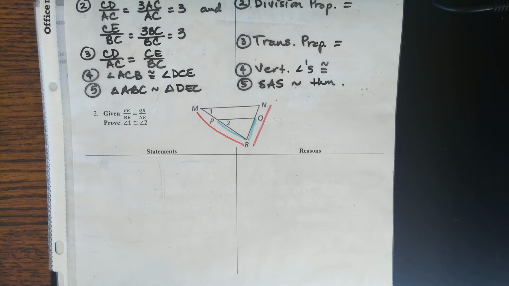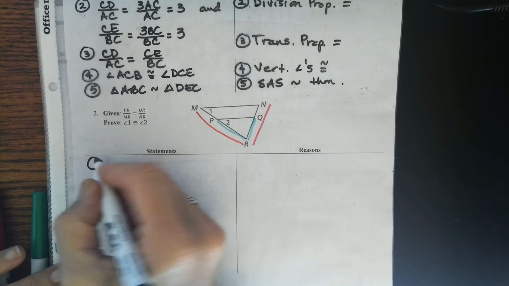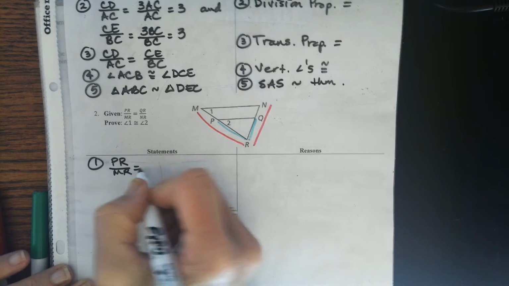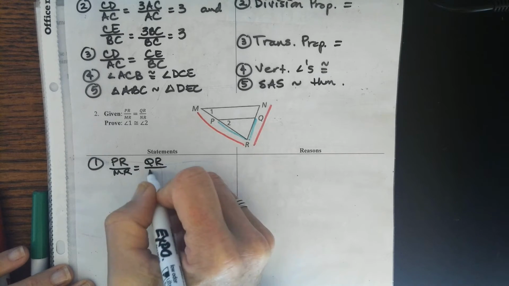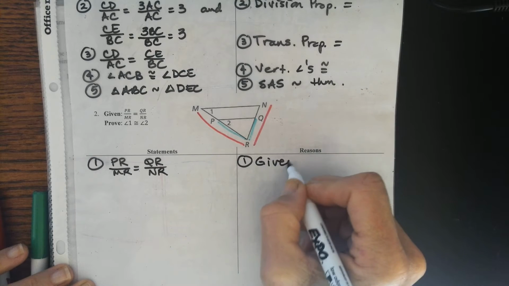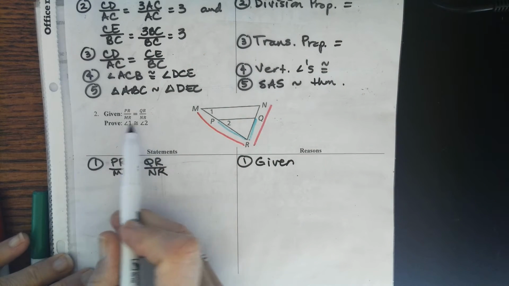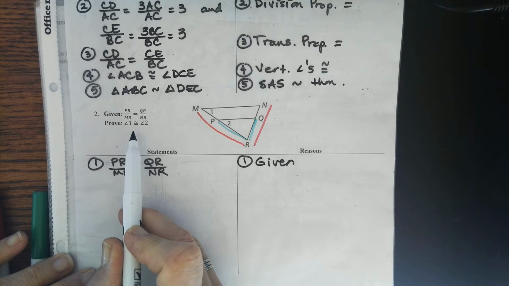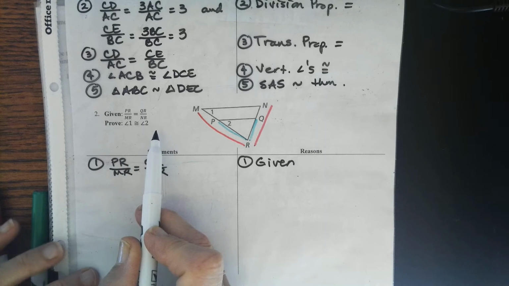So green over red equals green over red is what I am given. What I want to do is prove that angle 1 is congruent to angle 2.